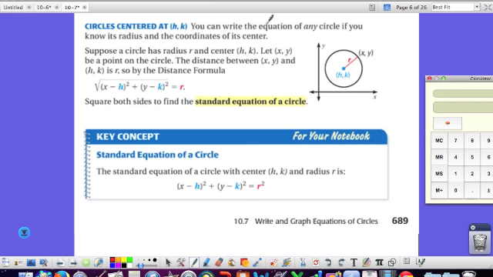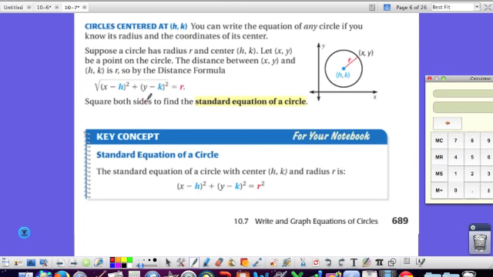You can write the equation of any circle if you know its radius and the coordinates of its center. Suppose a circle has a radius r and a center h, k. Let x and y be a point on the circle, and we're going to use the format h, k. So the square root of x minus h squared plus y minus k squared equals the radius.